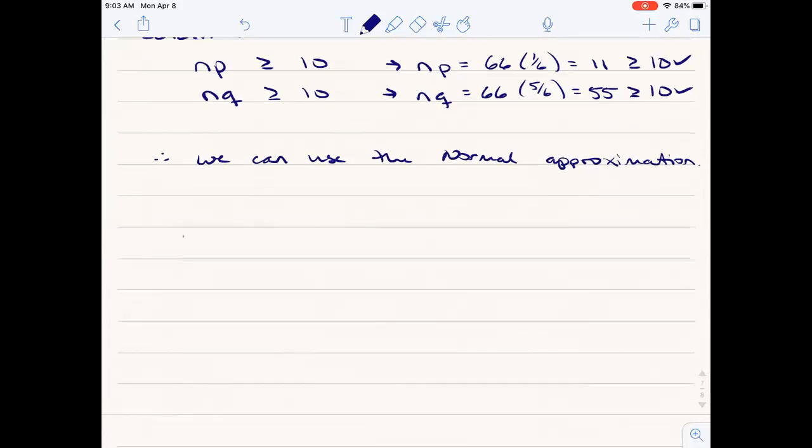Which says that mu is n times p, and these are the ones on your formula sheet. So mu is 66 times 1 over 6, which we already decided was 11, so now we have a mean of 11.